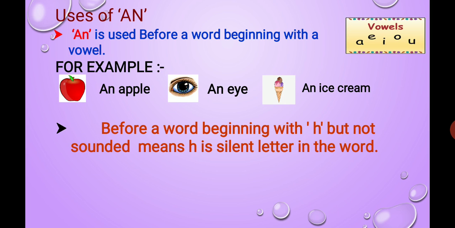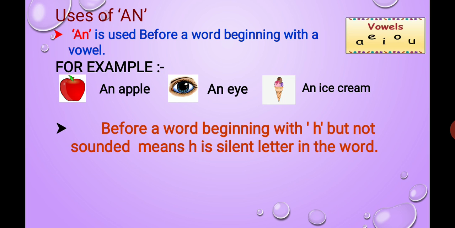Before a word beginning with H but not sounded, meaning H is silent in the word. As we saw, when a word begins with a vowel but sounds like a consonant, then we use a. A little bit of change here in this rule: the word begins with H but the pronunciation begins with a vowel.